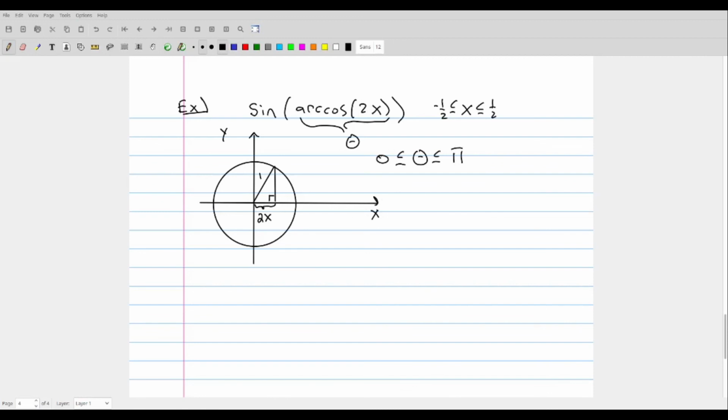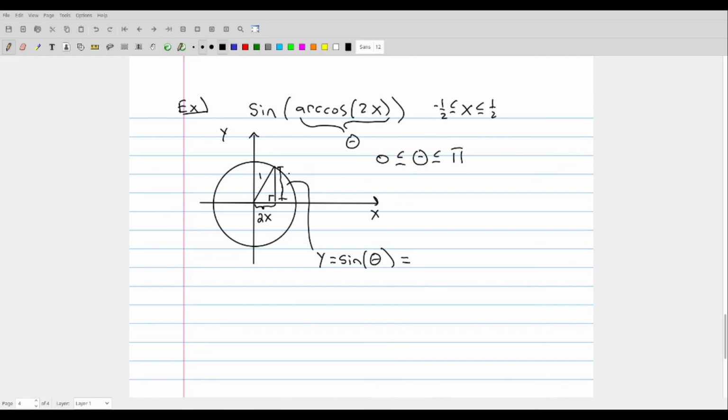This is the x-axis right here, and this distance is 2 times x. And we know that on this unit circle, the y-coordinate is equal to sine of any angle theta. So sine of this theta is going to be the y-coordinate on this unit circle.